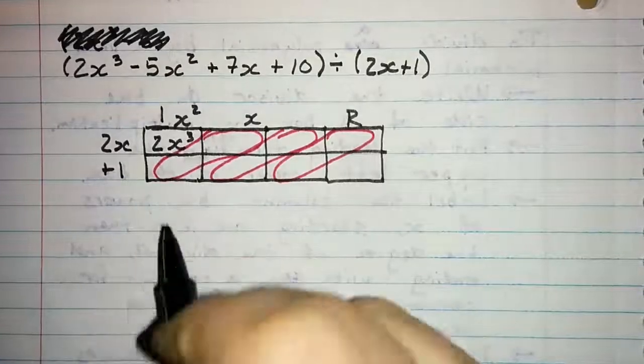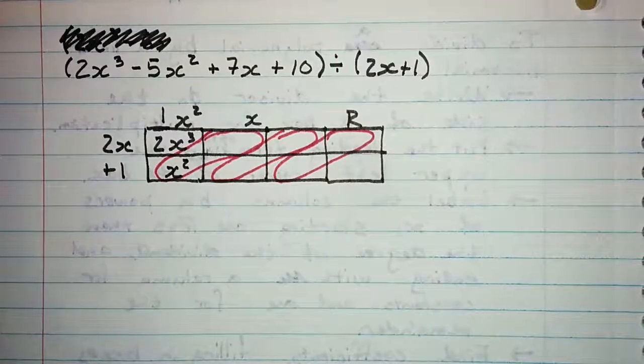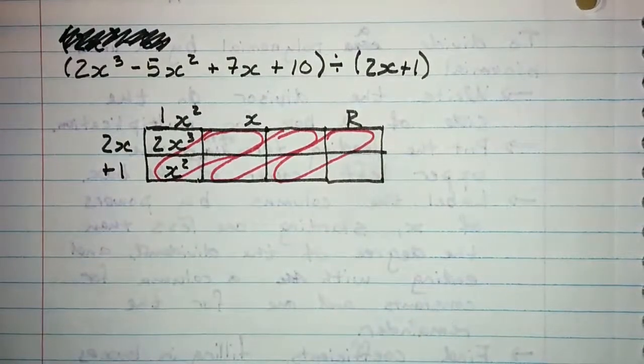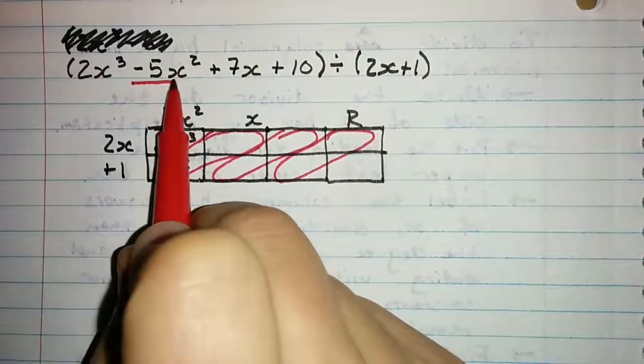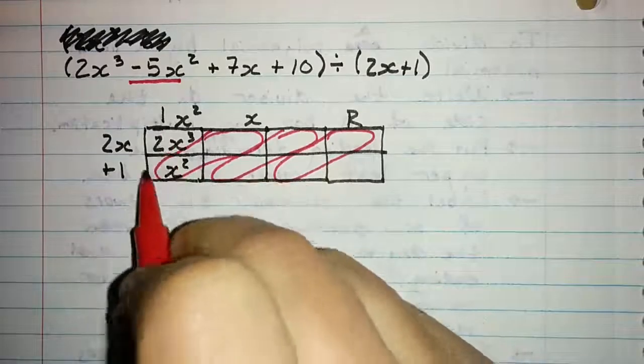So here I just have x squared times 1, which is just x squared. Remember, I need to get negative 5x squared as the total down this diagonal.